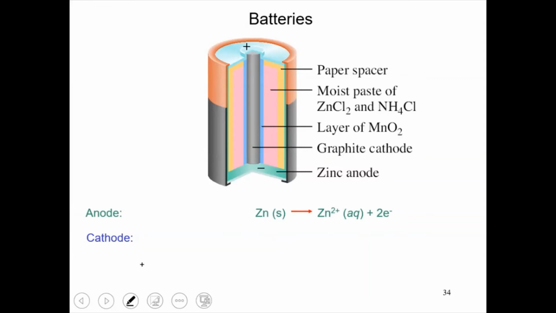They are initially captured by the graphite and taken over into that layer of manganese dioxide that is sort of like held in a moist paste of zinc chloride and specifically ammonium ions. And this is the reaction at the cathode.